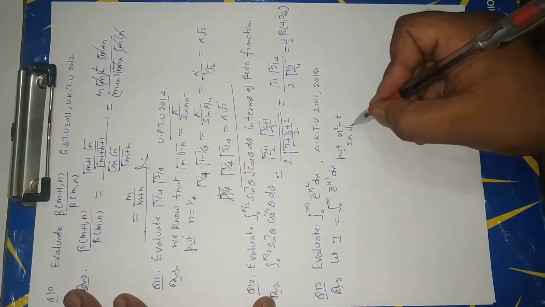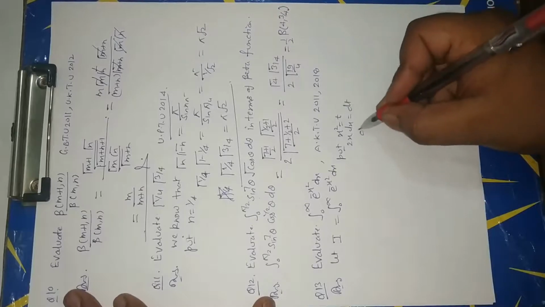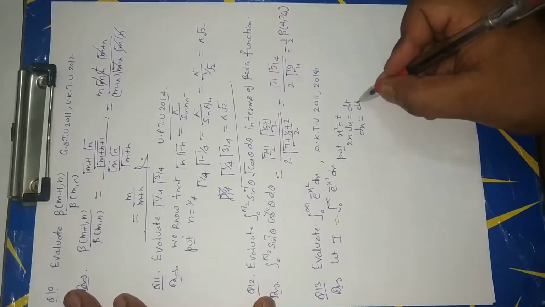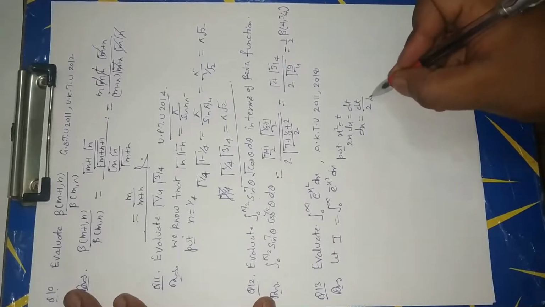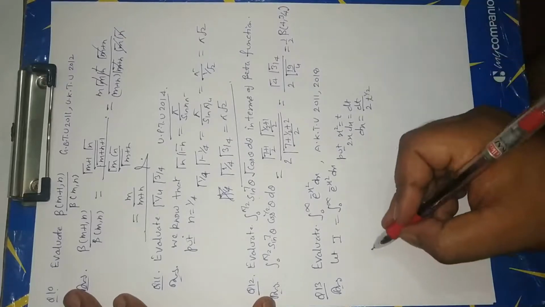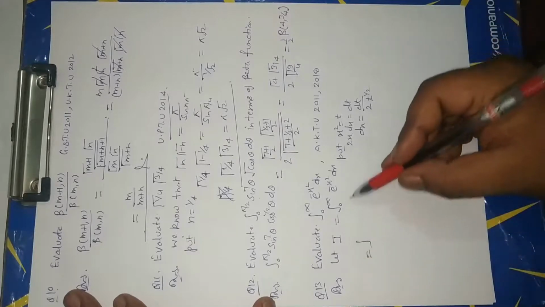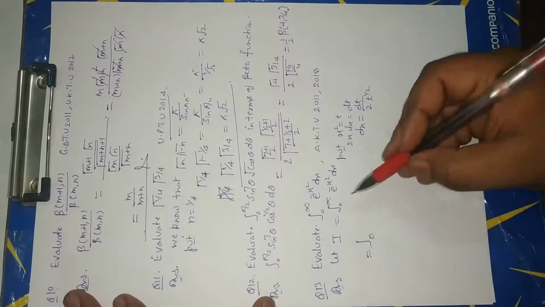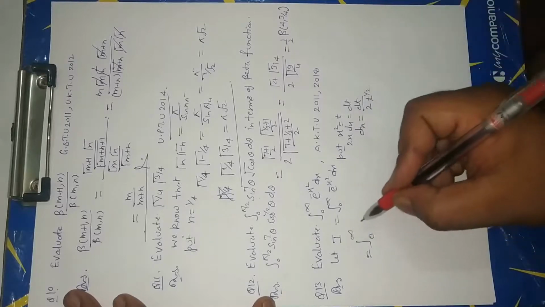Now 2x dx is equal to dt, that is dx is equal to dt upon 2 t to the power half. When x is equal to 0, t is equal to 0, and when x is equal to infinity, t is equal to infinity.